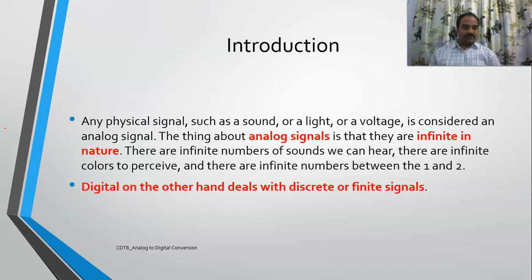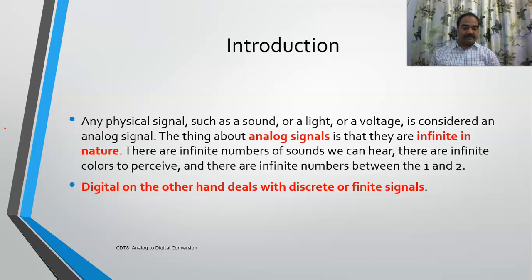Coming to the introduction, why do we require digital data all the time? As already said in the previous lectures, every physical signal is basically an analog signal. The thing about analog signals is that they are infinite in nature.